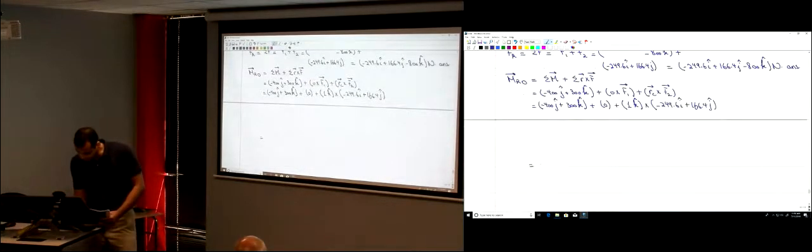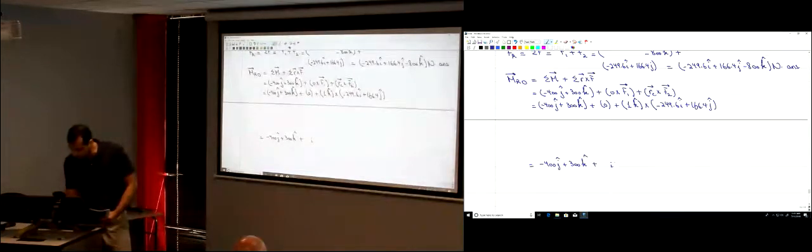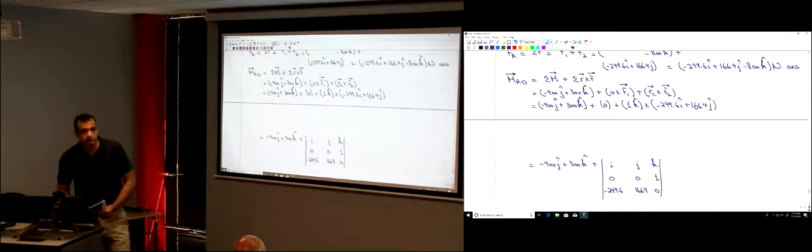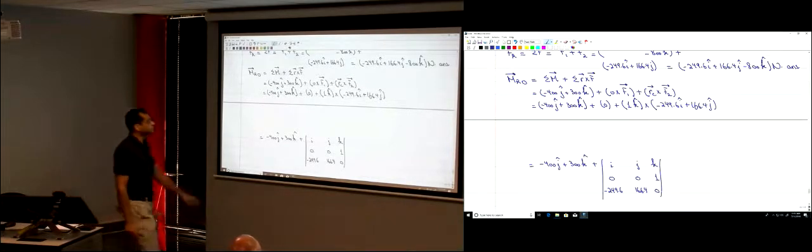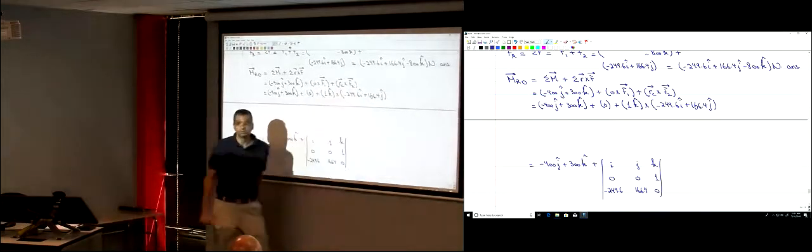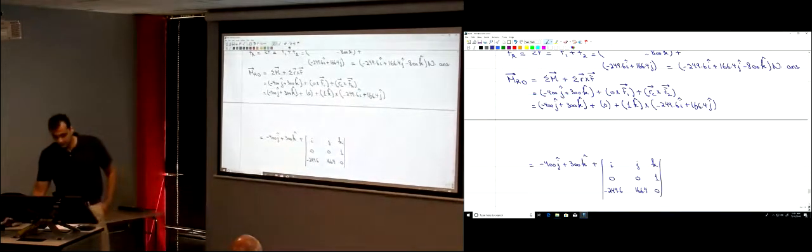So here we have negative 400J plus 300K plus, how to do this multiplication? I, J, K; 0, 0, 1; negative 249.6, 166.4, 0. The cross product of those two vectors.